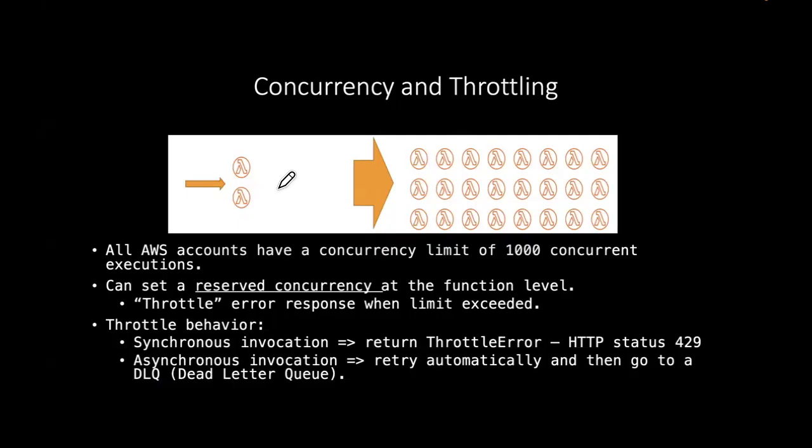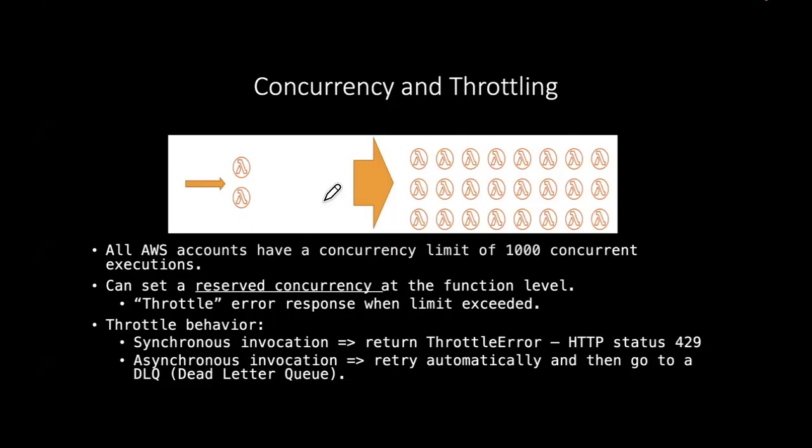It will create parallel instances of the micro VM and load balance the high volume of events between the various micro VMs. This is what we're trying to illustrate here: lots of micro VMs in parallel, all executing the same Lambda function, because of the high volume of source events happening concurrently.